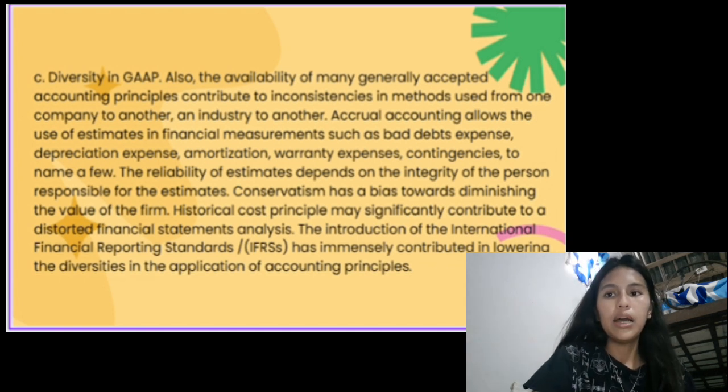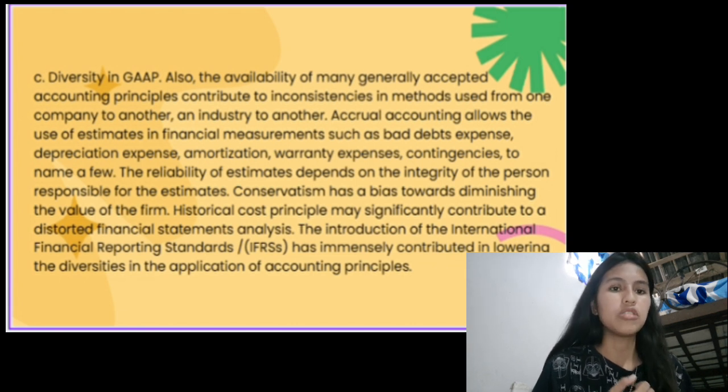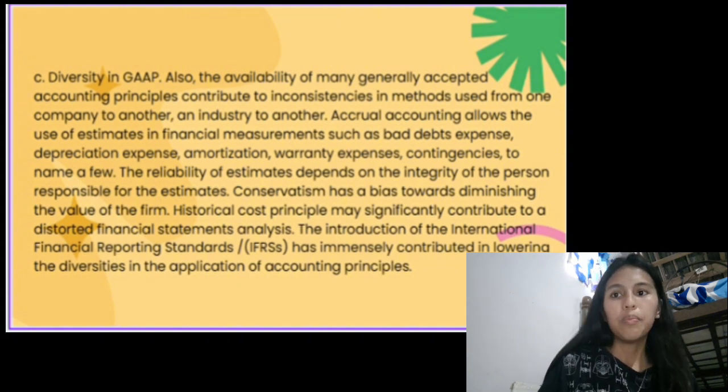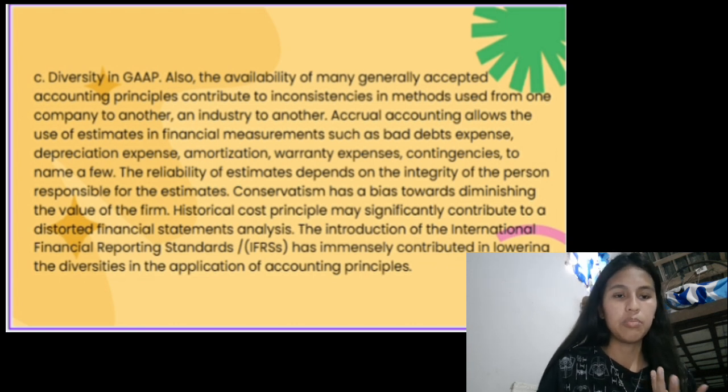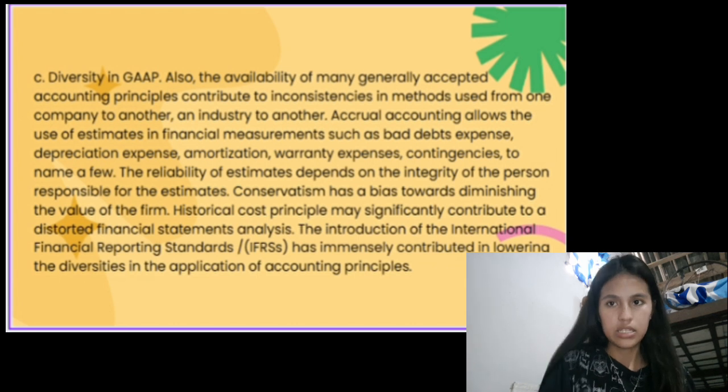So, ito namang diversity in GAAP is the existence of multiple generally accepted accounting principles can result in inconsistency in financial reporting methods across companies and industries. So, pwede siyang mag-result sa financial reporting methods niya sa isang companies and industries.